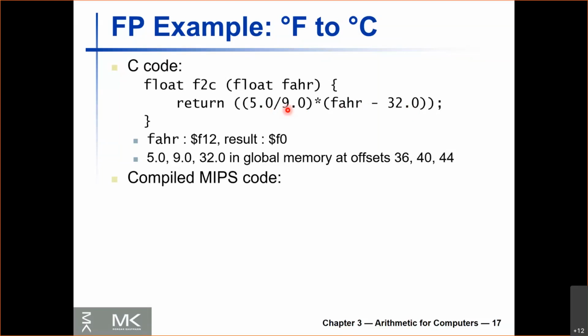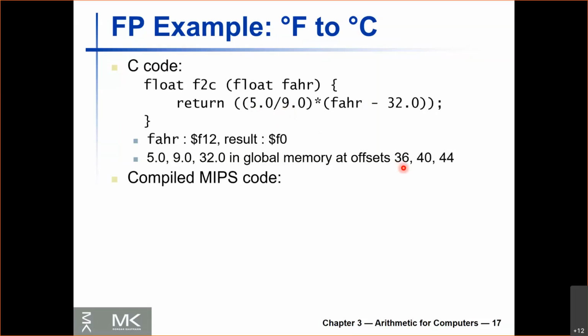All right, so what do I get first? I'm going to get 5.0 first. How do I get 5.0 from memory? Where is 5.0 in memory? It's at offset 36 from the global pointer register, right? So I want to load it from there.